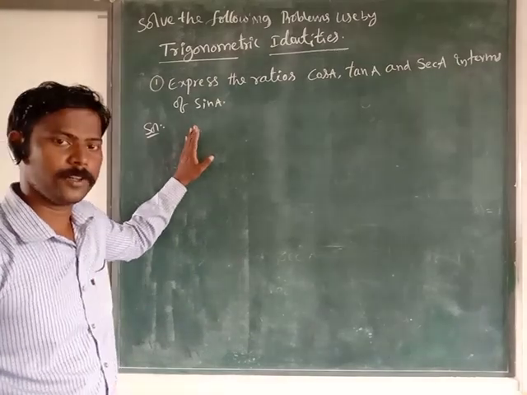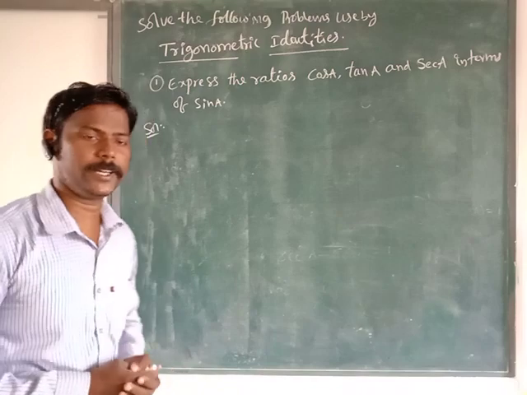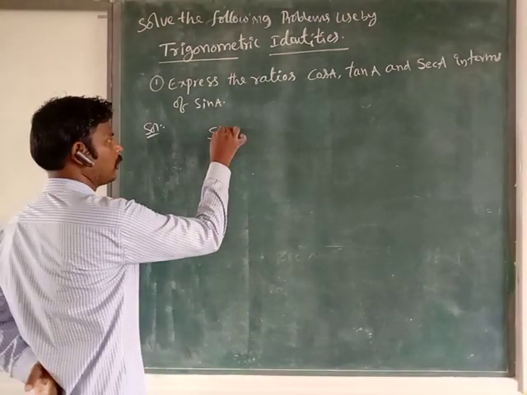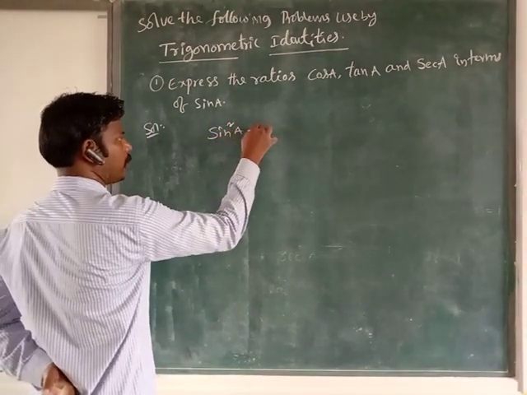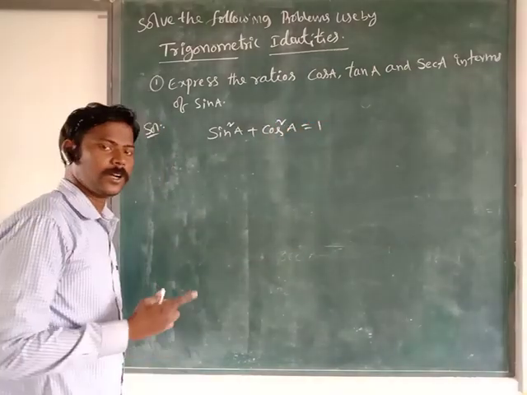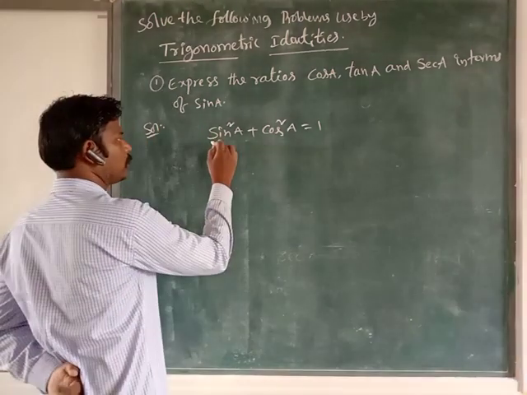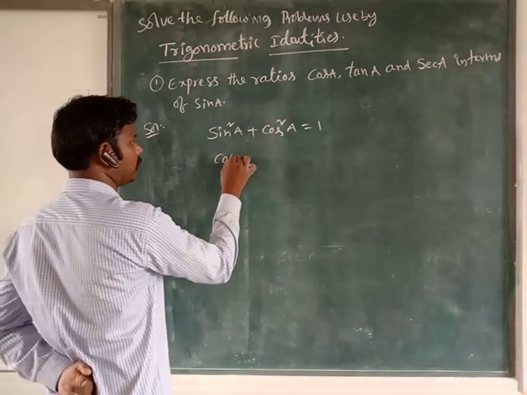So we know the first trigonometric identity. What is the first trigonometric identity? Sin square A plus cos square A equal to 1, or cos square A plus sin square A equal to 1. So sin square is on the other side, children.